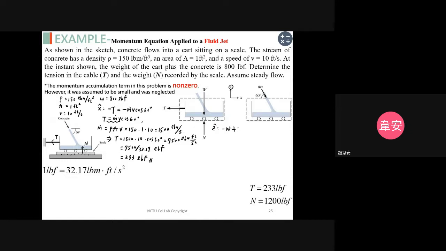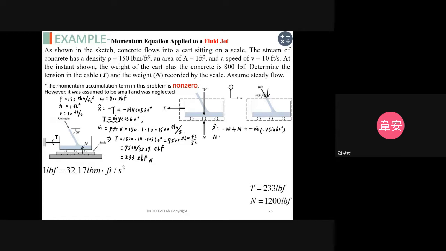So here it is plus normal force, equal to, we don't have outflow momentum, so we only have the inflow momentum. Because it is inflow, it is a minus mass rate, but we project the flow velocity to the z direction, which is downward, so this is minus V sine 60 degrees. Okay, let us reorganize the equation.